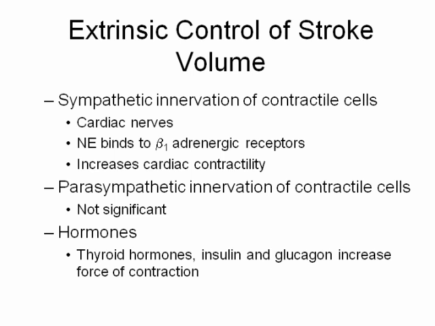Sympathetic innervation of contractile cells. You have the cardiac nerves, just as we've seen before for rate. Norepinephrine binds to beta-1 receptors and increases the contractility, increases the force that the cardiac muscles develop. Parasympathetic input does not have any significant effect on stroke volume. Thyroid hormones, insulin and glucagon, all can increase the force of contraction.